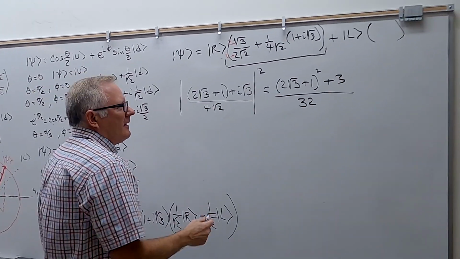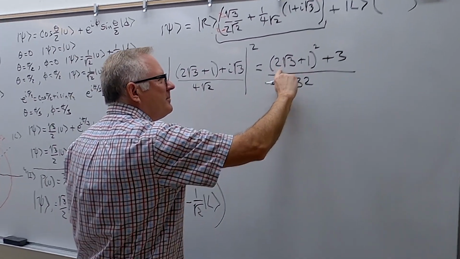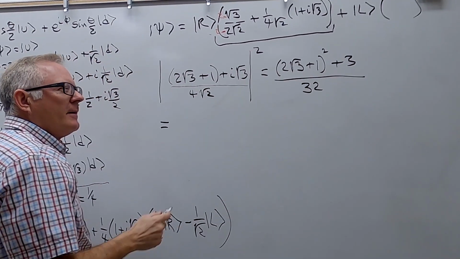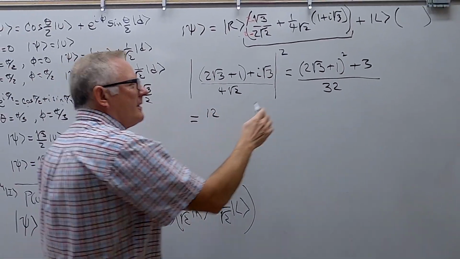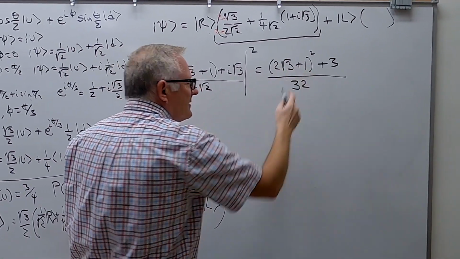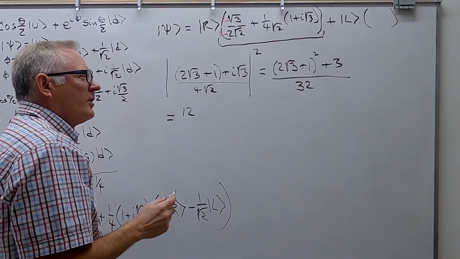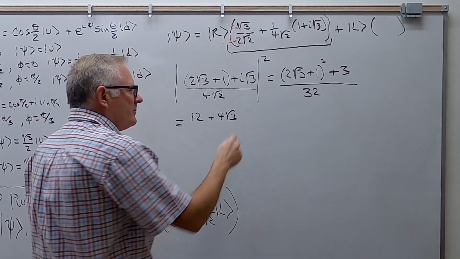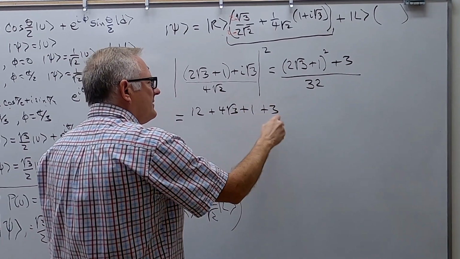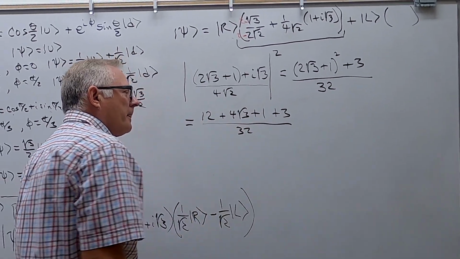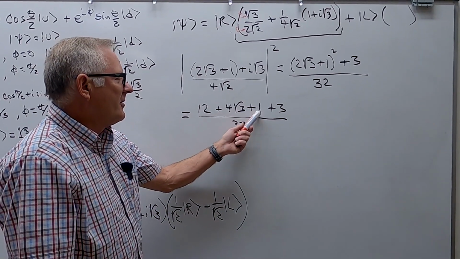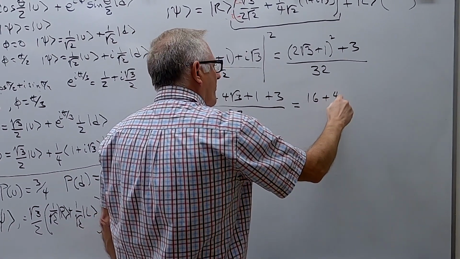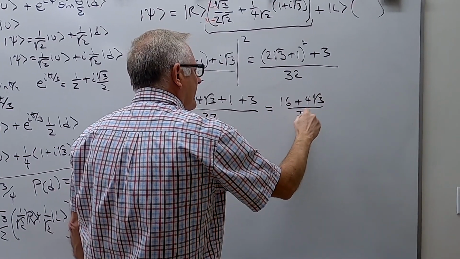Okay, it's not going to come out nice, but at least let's square that out right there. The first term squared is 4 times 3, which is 12. Then you get the cross term, which is 2 times the first times the second, which is 4 square root of 3, plus the last term squared, plus 1, and then we still have the plus 3, all over 32. And then 12, 13, 16, plus 4 square root of 3 all over 32.